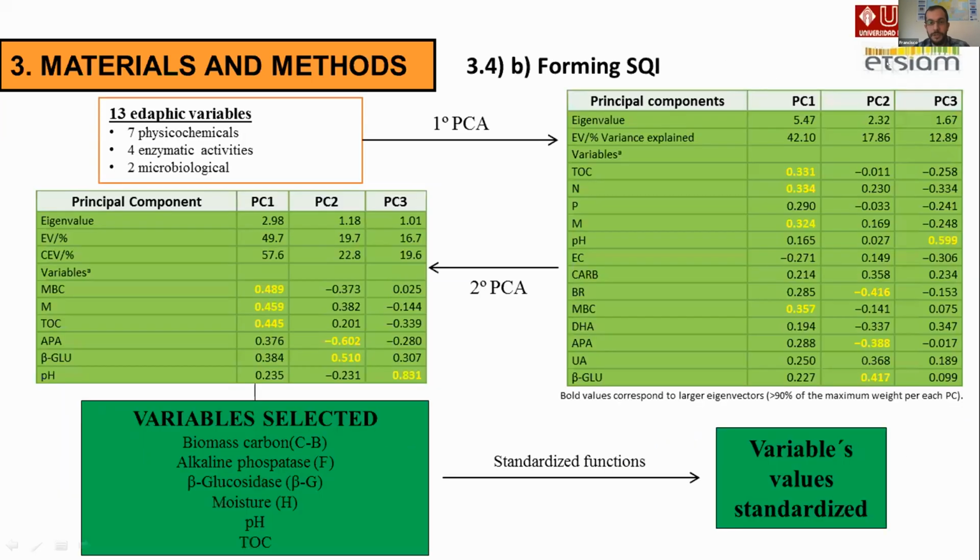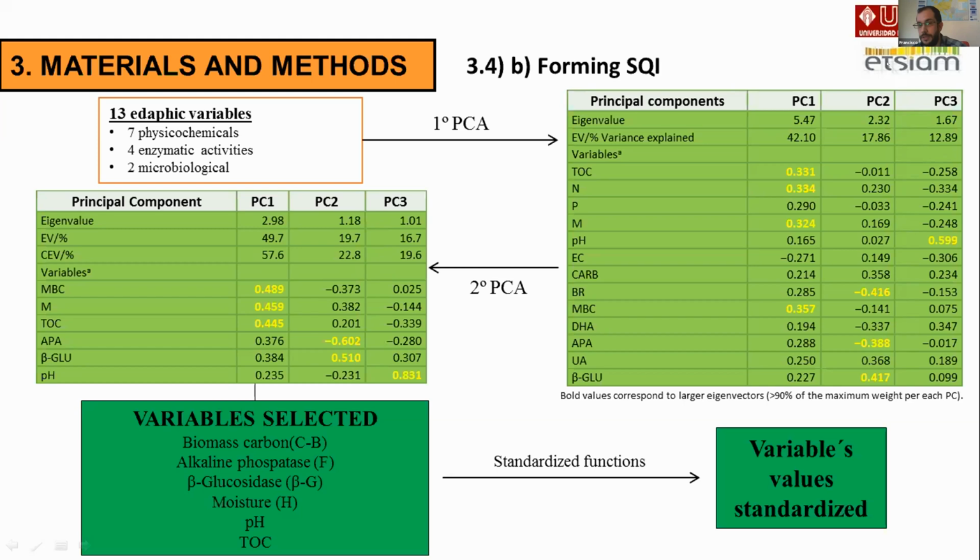This procedure, you can see here in more numerical terms: we start from 13 edaphic variables, 7 of which were physicochemical, 4 of them were enzymatic activities, and 2 of them were microbiological. When we make the first principal component analysis, we obtain the table that you can see at the right. And I have highlighted in yellow the highest values that we obtain.